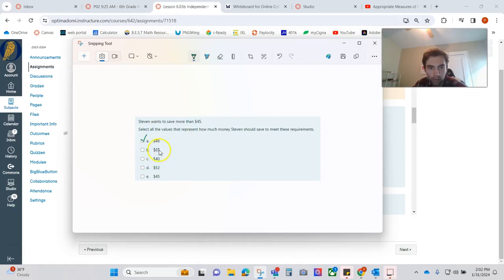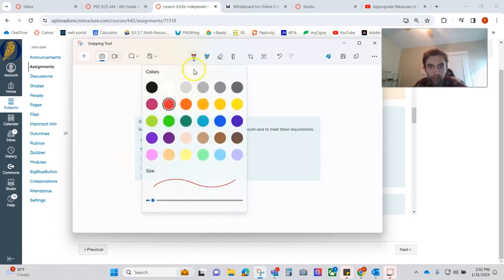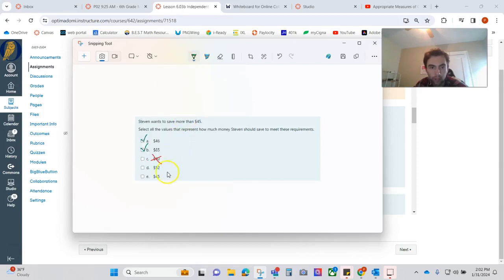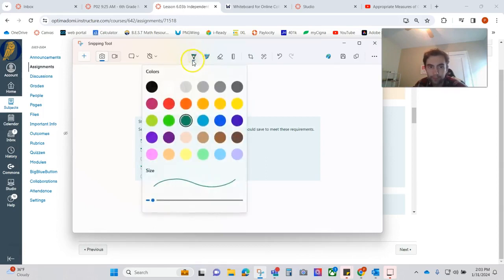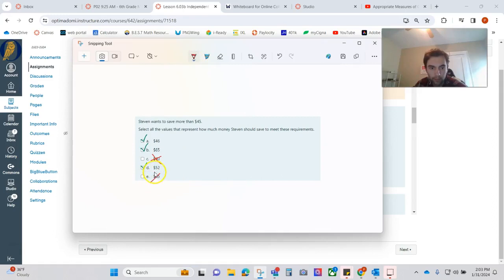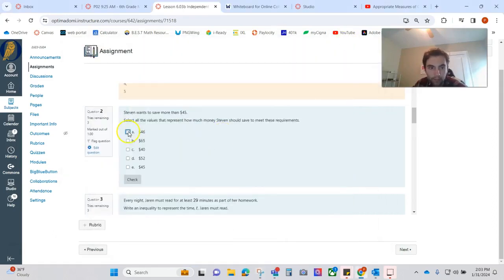Is $65 more than 45? Yup. Is $40 more than 45? Nope. Is $52 more than 45? Yup. Is $45 more than 45? Nope. That is the same as A, B, and D.